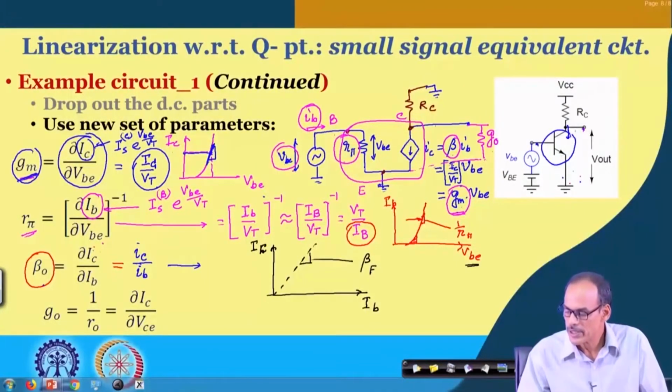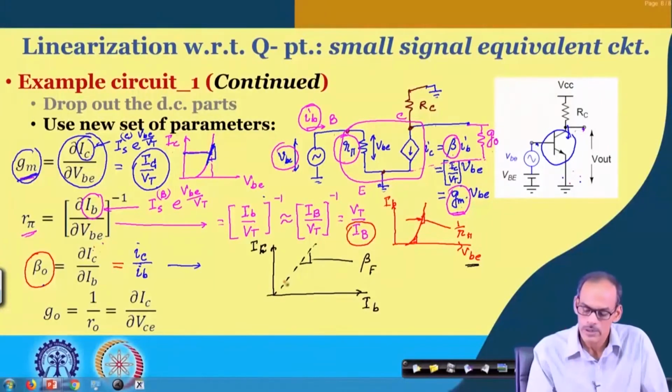But in the practical case, if you go to a lower level of current, it has a different slope. Here it may remain constant, and then if you go to higher current, it will again have a bend.